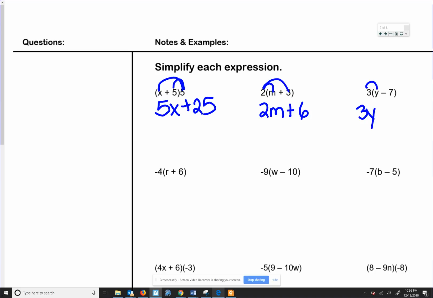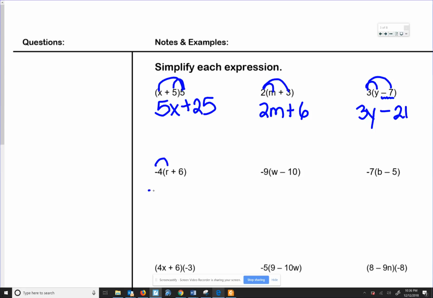Now, here's what I'm going to tell you. I want you to start thinking of that minus sign as stuck with that 7, because I want you to think of this as 3 times negative 7. And remember your rules for operations. A positive 3 times a negative 7 is a negative number. 3 times 7 is 21.